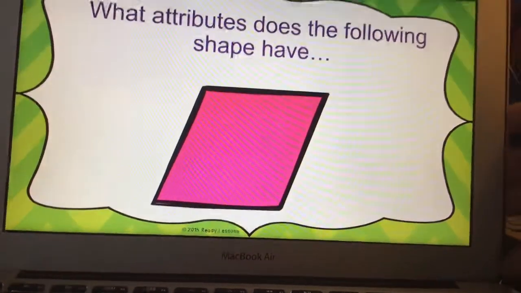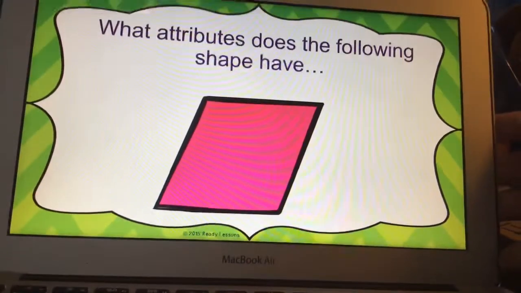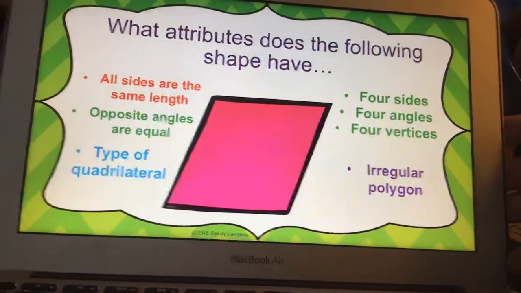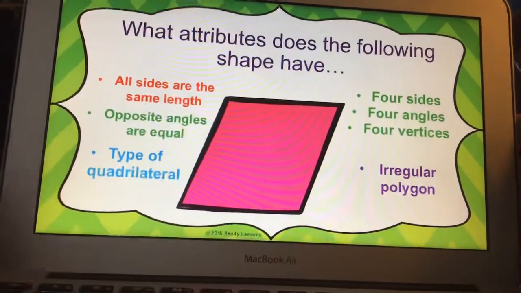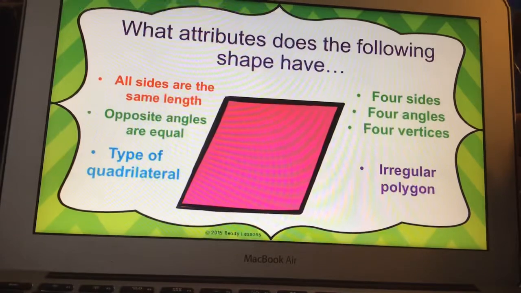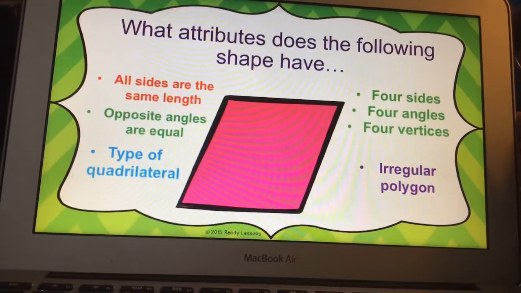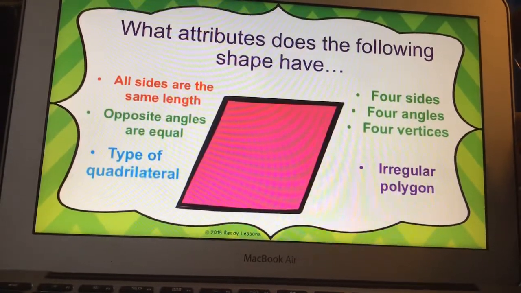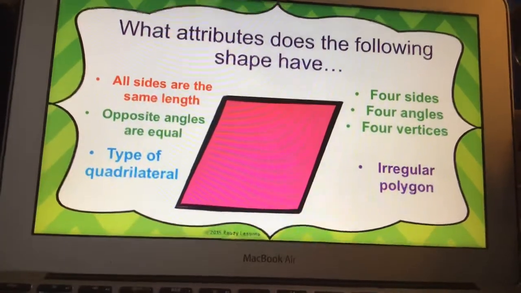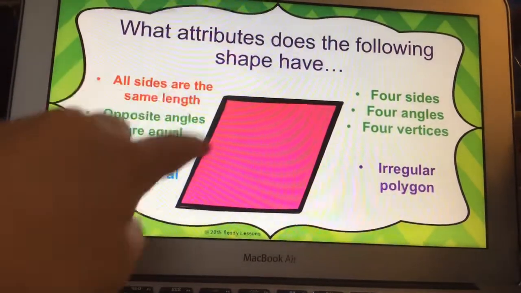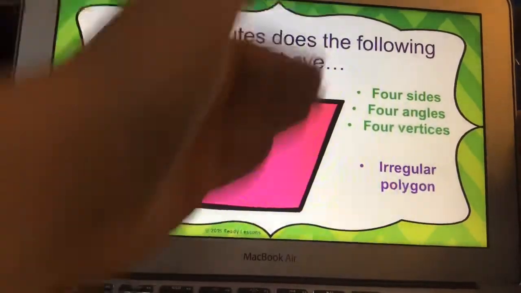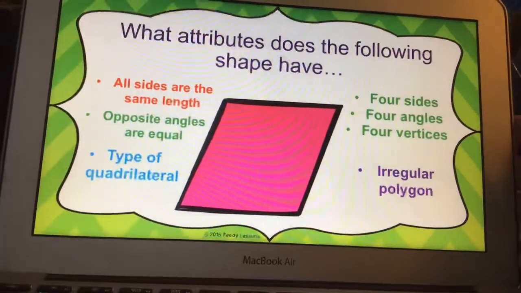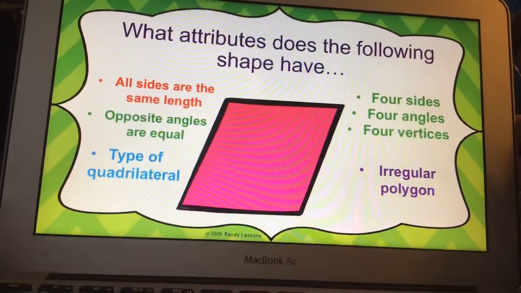And then it says, what attributes does the following shape have? Well, from my notes, it says all sides are the same length. And it could look kind of confusing because it's kind of sideways. It looks like a diamond turned to the side.